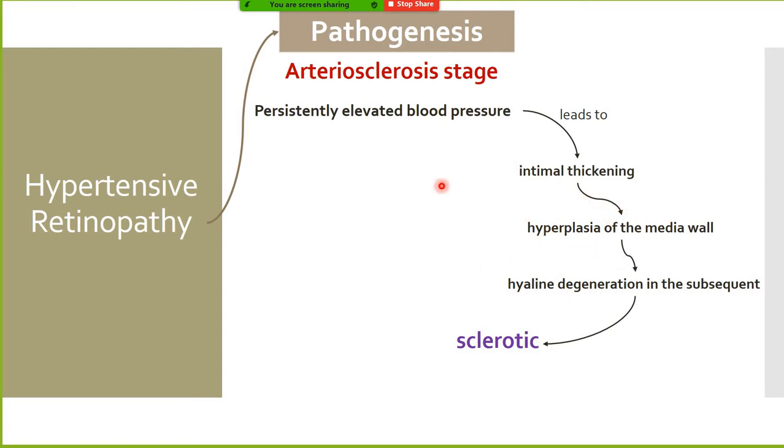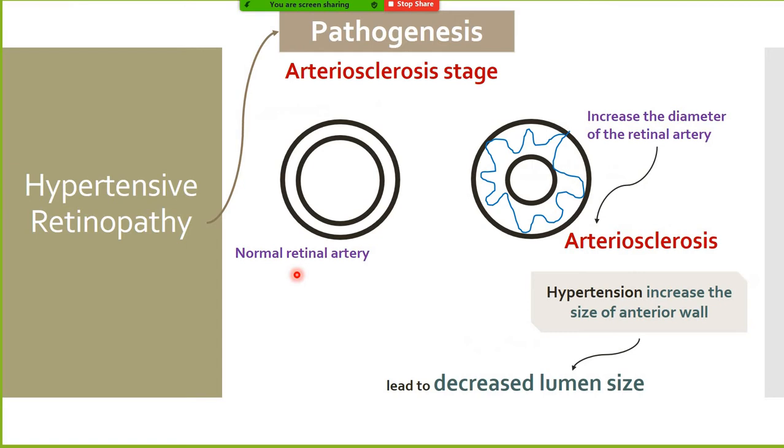Due to hyperplasia there will be an increase in cell numbers, and then organs get enlarged. That is where there will be a thickening, and an increase in size with narrowing. This is how it actually occurs. If you see this particular image, this is how a normal retinal artery looks.